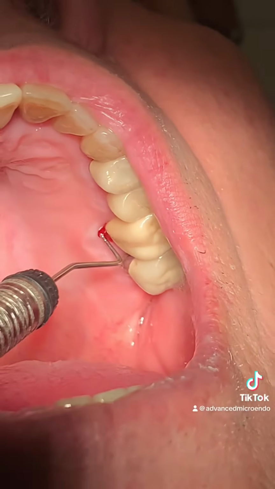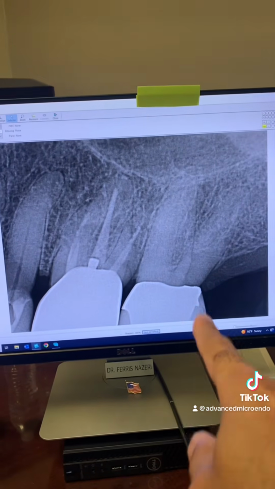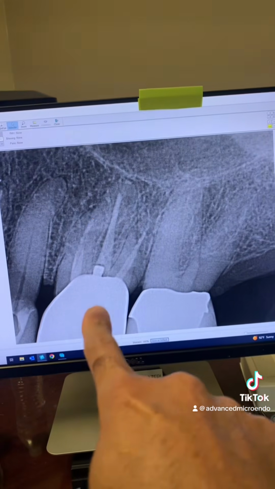Very good. Thank you. So as you can see, number 15 was not the problem. Number 14 was the problem. Number 14 has a perio problem.